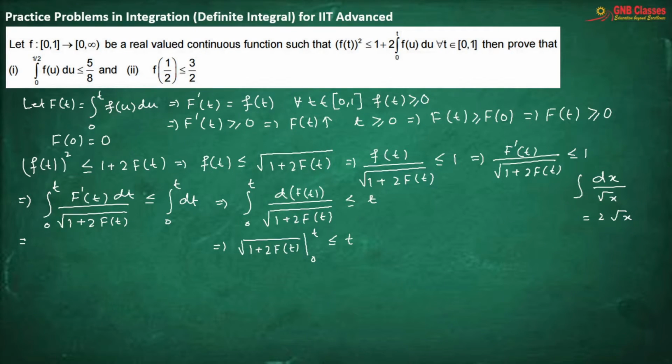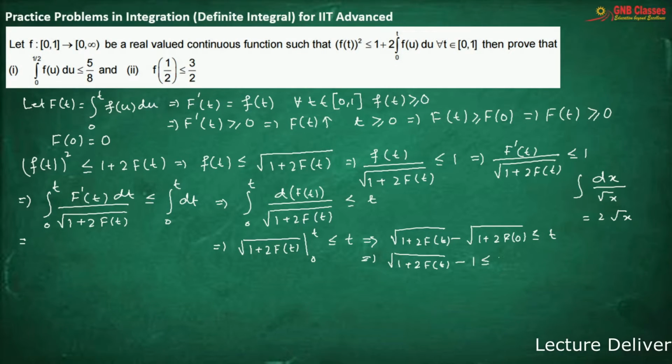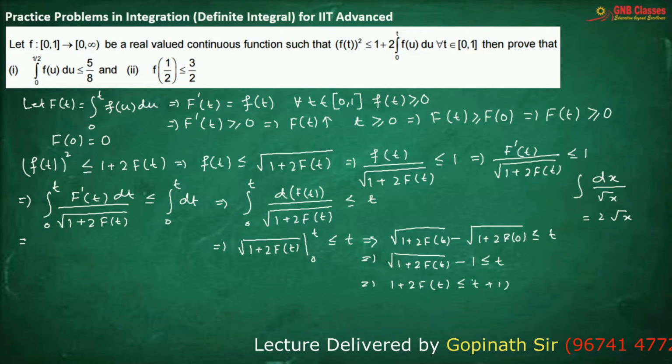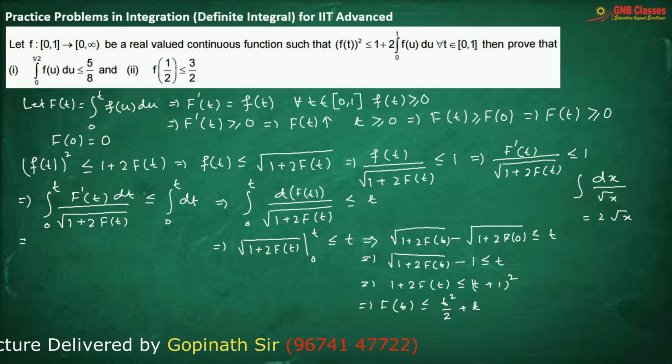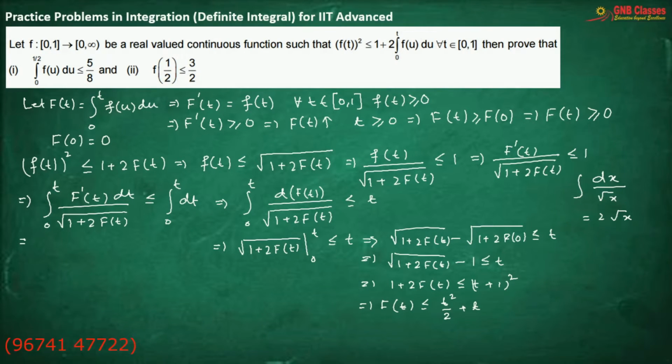Now you see I have not written 2 over here because this 2 will get nullified with the 2 which will come in the denominator after integration, right? So that implies, since capital F(0) is 0, so we get, is it clear to all of you? So capital F(t) is less than or equal to t squared by 2 plus t.